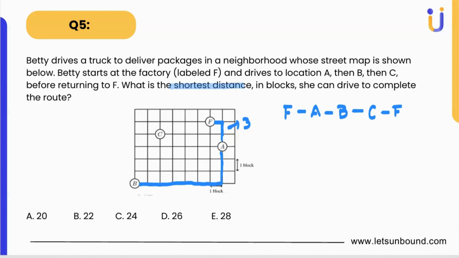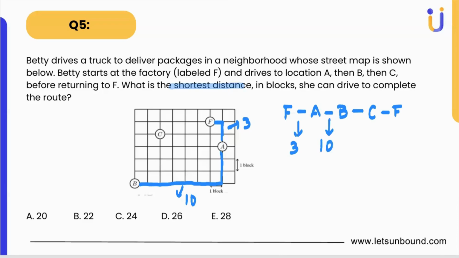So that's 10 blocks in total from A to B. F to A has taken me 3 blocks, A to B has taken me 7 plus 3, a total of 10 blocks. That is what is important, to count in the shortest way so that I can get my answer effectively. So F to A is 3, A to B is 10.